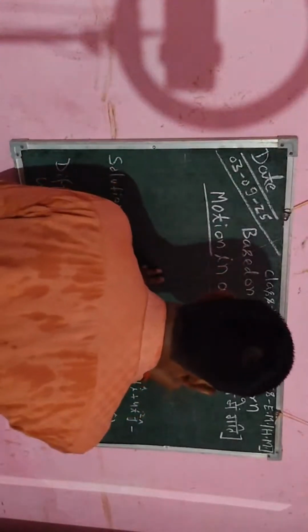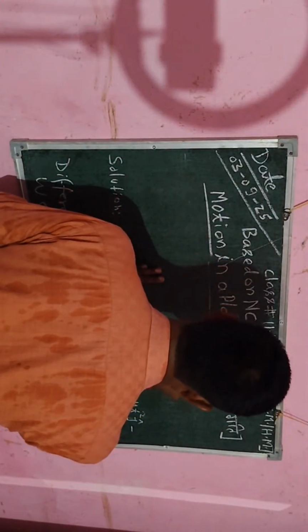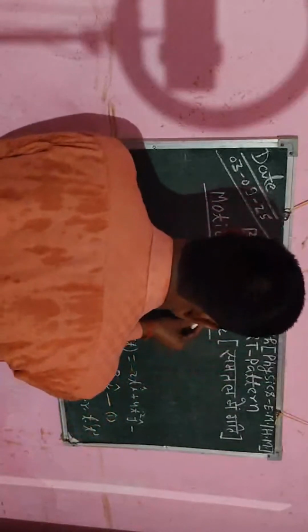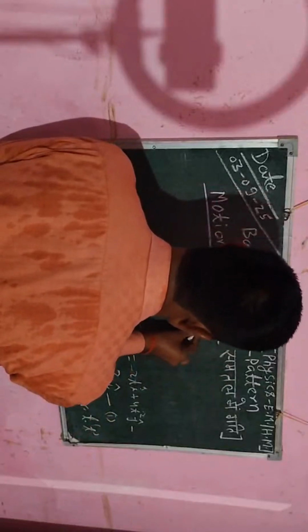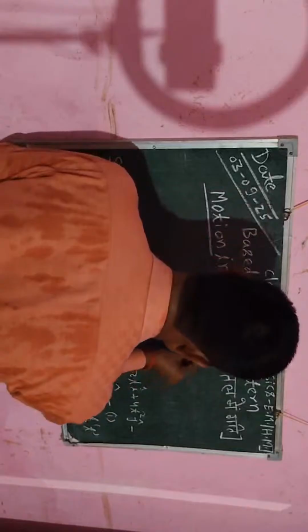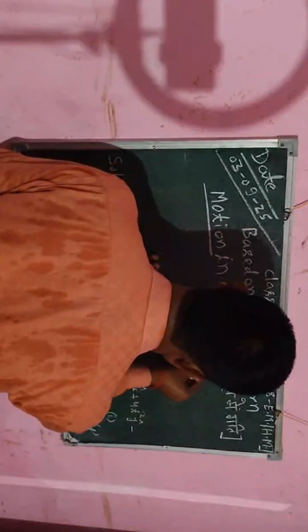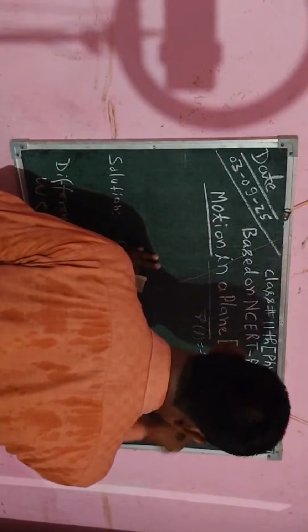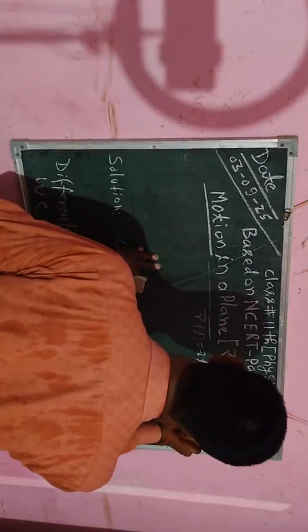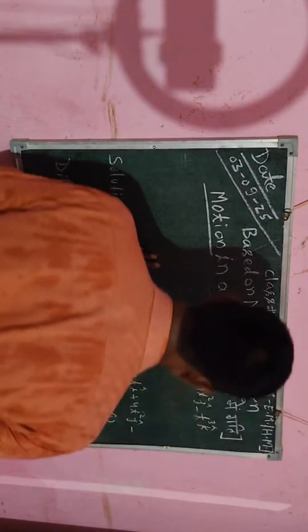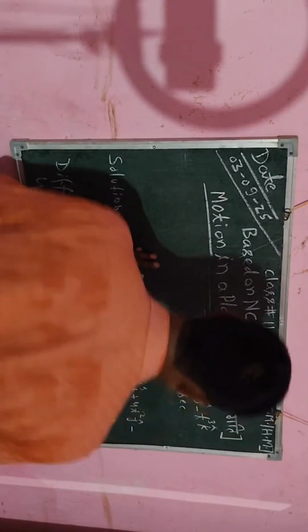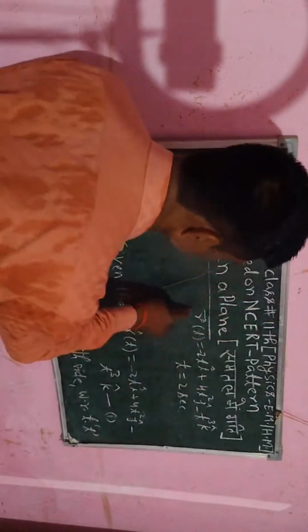So here I will say vector r of t, I will write like this: vector r, a function of t, is equal to -2t vector i cap plus 4t square vector j cap minus t cube vector k cap. I have taken this. Now here t is taken as 2 seconds. Okay, so I have set these two values, 1 and 2.